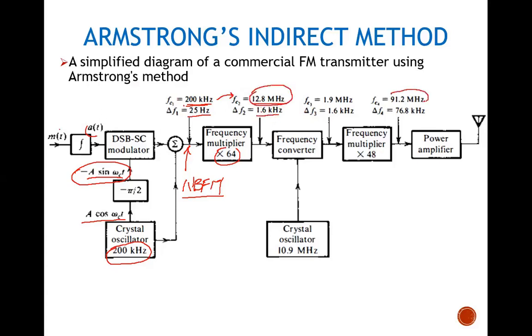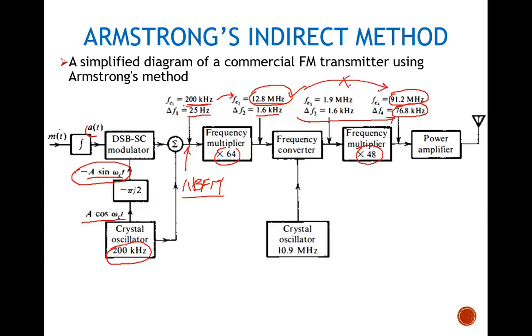Let's say at the end, we want a carrier frequency of 91.2 megahertz and a deviation of 76.8 kilohertz. If we multiply this signal by 48 to get a deviation of 76.8, the carrier frequency would also be multiplied and we would get a very high value, which is not what we want.